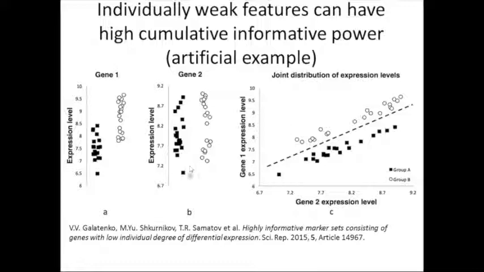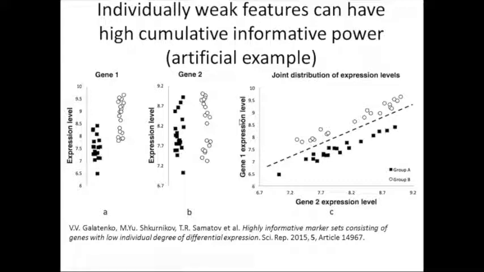In the standard top-N approach, we won't select gene 2, we won't include it into a gene signature as its differential expression characteristics are very poor. Yet, in combination with the first gene, gene 2 becomes very efficient.